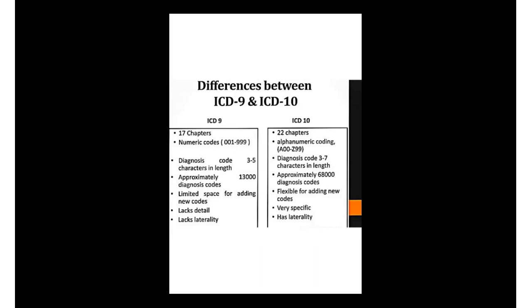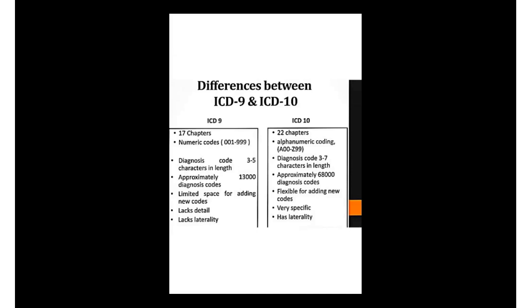And then the diagnostic code is of 3 to 5 characters in length in case of ICD 9, but in case of ICD 10, it is 3 to 7 characters in length. Approximately 13,000 diagnostic codes are added into ICD 9, but 68,000 diagnostic codes you will find in ICD 10. There is limited space for adding new codes in ICD 9, but it is flexible for adding new codes in ICD 10.